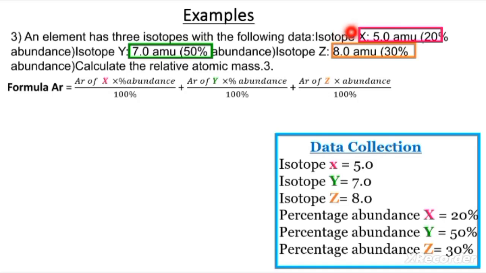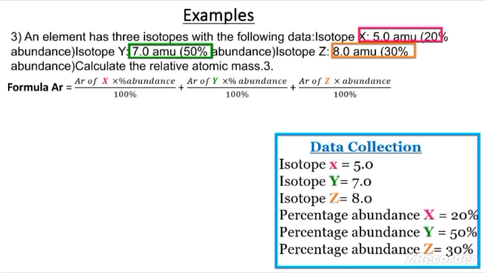The first one, we have the atomic mass of isotope X and the percentage abundance of isotope X. The second one, we have the atomic mass of isotope Y and the percentage abundance of isotope Y. The third one, we have the atomic mass of isotope Z and the percentage abundance of isotope Z.